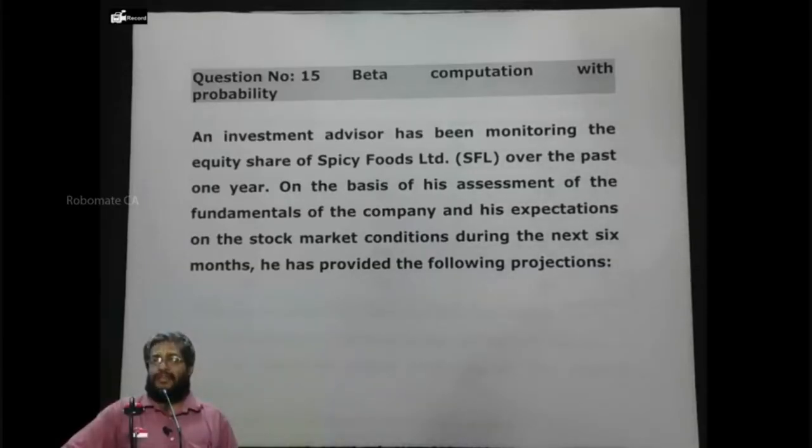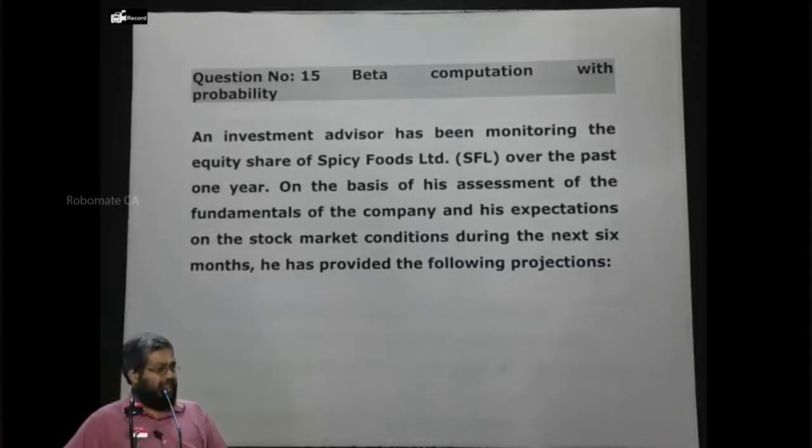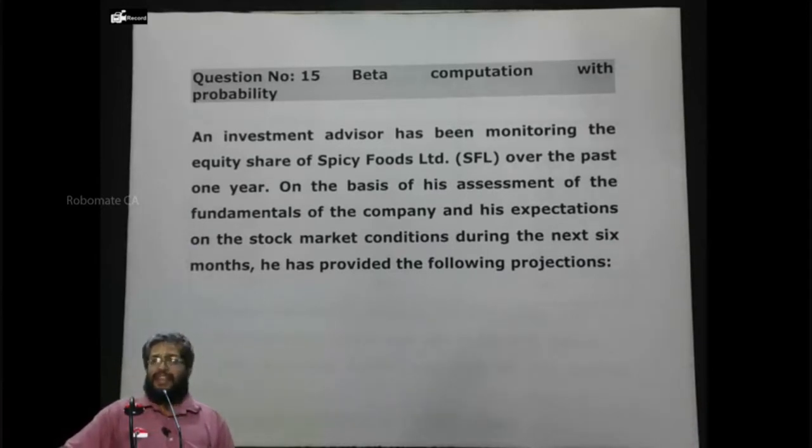Just as a single security can have a risk as well as a return, a group of securities or a portfolio of assets may also have a return as well as risk. Return of a portfolio is the weighted average return of the individual securities inside the portfolio. Risk of a portfolio is square root of W1 square sigma x square plus W2 square sigma y square plus 2 W1 W2 sigma x sigma y correlation of x and y.